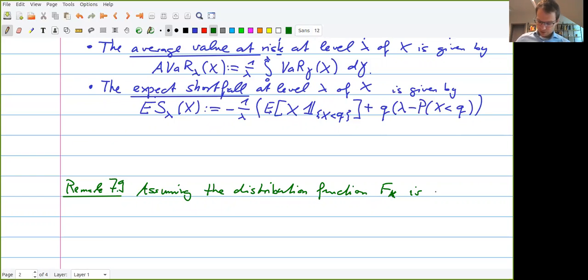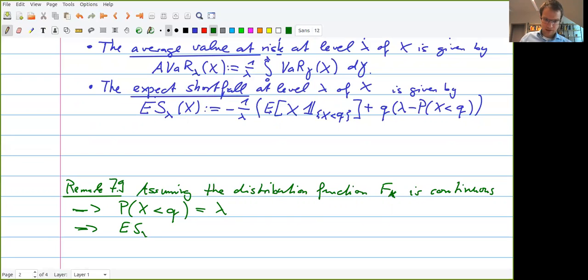Anyway, if this is continuous, what do we get? Well, then the probability of X being strictly less than q is exactly lambda, because this is the quantile at level lambda. So this basically means the quantile is uniquely defined. And this means that the expected shortfall at level lambda of X is nothing else than 1 minus lambda.